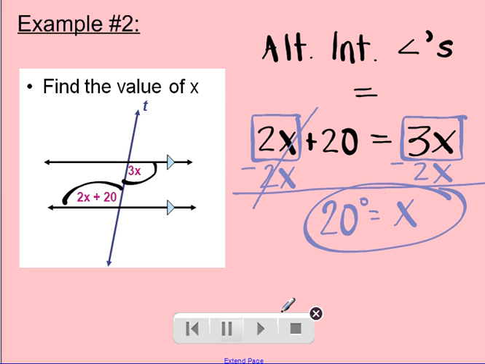We now know that x, our variable, equals 20, and it would be a wonderful idea to double check. So if this angle down here is 3x, it should be 3 times 20, so this should be a 60-degree angle.